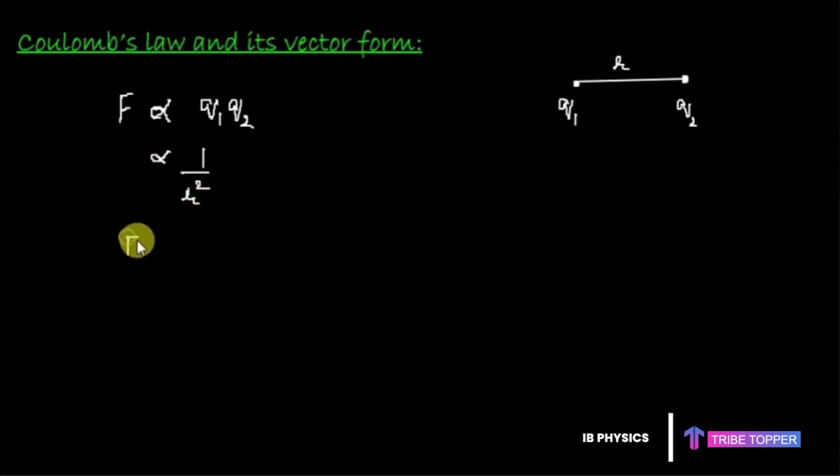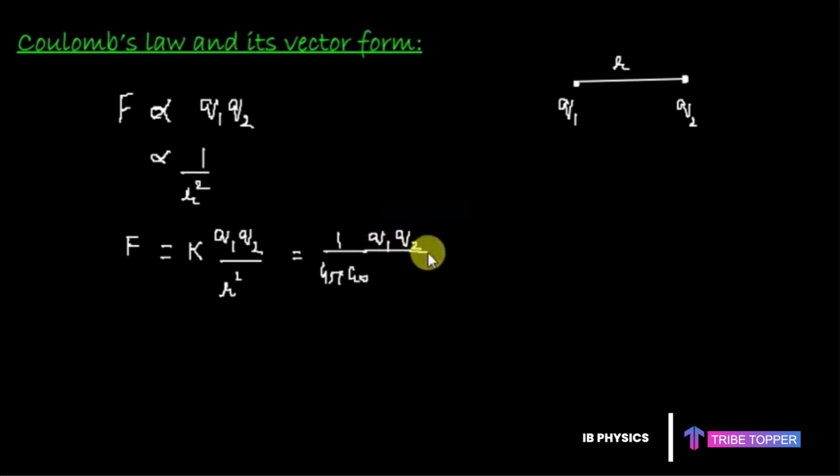When we combine these two factors and remove the proportionality sign, we add a constant k and say F is equal to k times Q1 Q2 upon R square, where experimentally k has been determined to be 1 upon 4 pi epsilon naught. So F is equal to 1 upon 4 pi epsilon naught times Q1 Q2 upon R square. That's the expression for Coulomb's law in the magnitude form, or the scalar form.